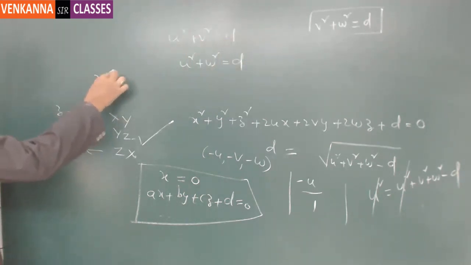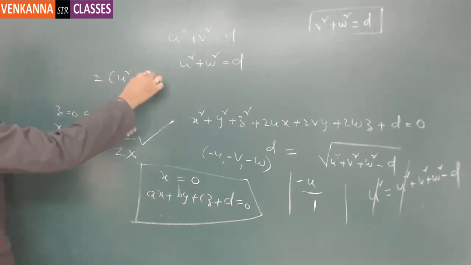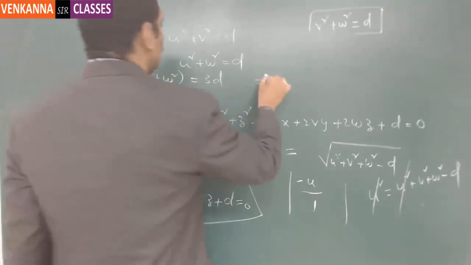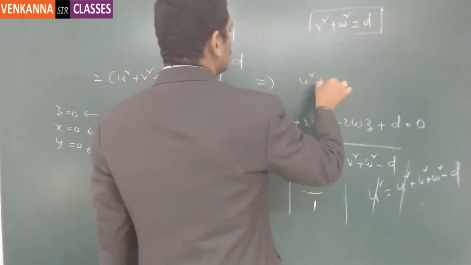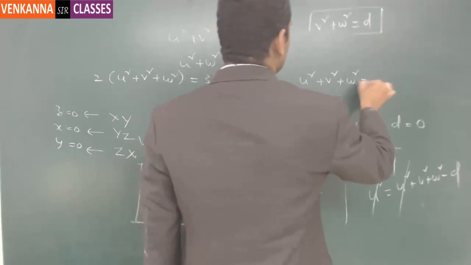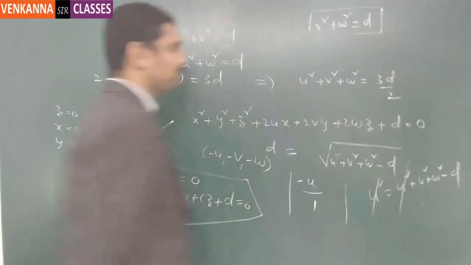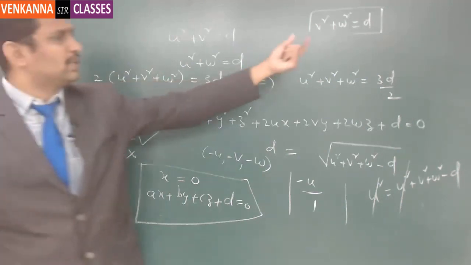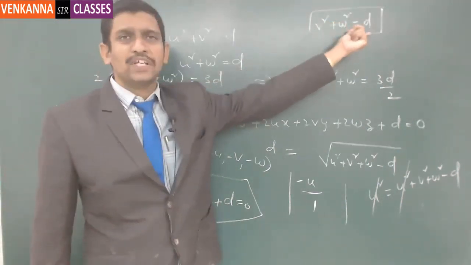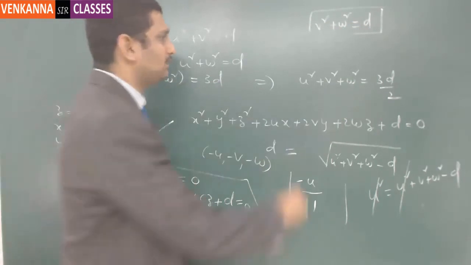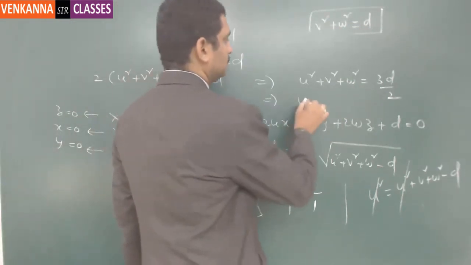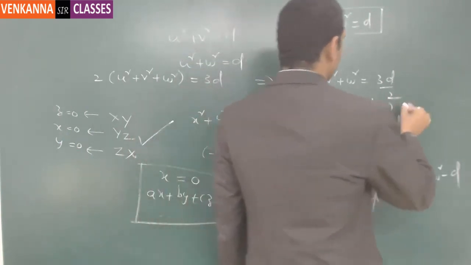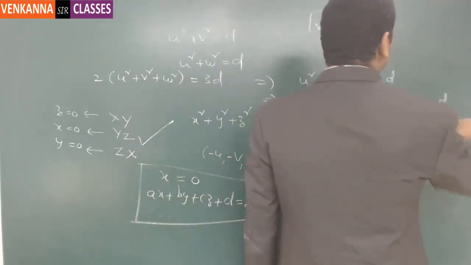So you have 2 into (u square plus v square plus w square) is equal to 3d, which gives u square plus v square plus w square is equal to 3d by 2. You can substitute any one value. You know that v square plus w square is equal to d. If you substitute here, u square is equal to 3d by 2 minus d, which implies u square is equal to d by 2.